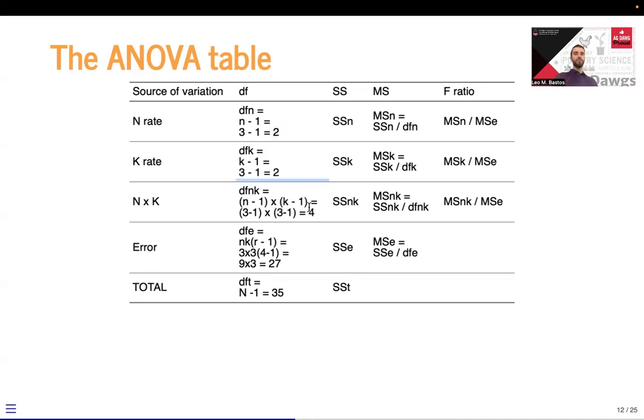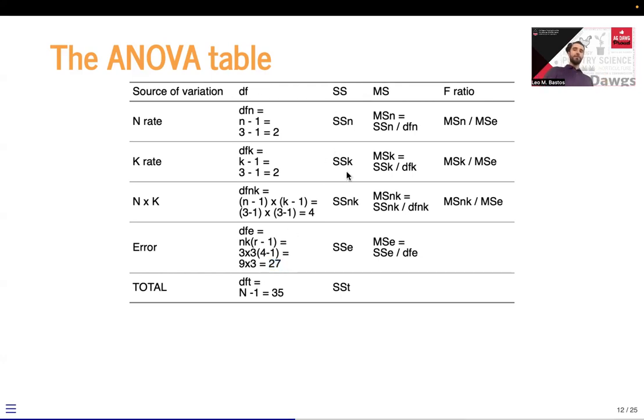And then for the interaction, I'm taking 4 degrees of freedom to calculate that effect. In this case, everything that remains, the difference between 35 and 4 plus 2 plus 2, is what goes into the error degrees of freedom. And this is going to be really important in a moment, so just keep track of what we're doing.